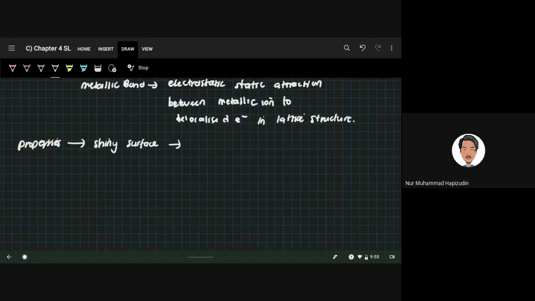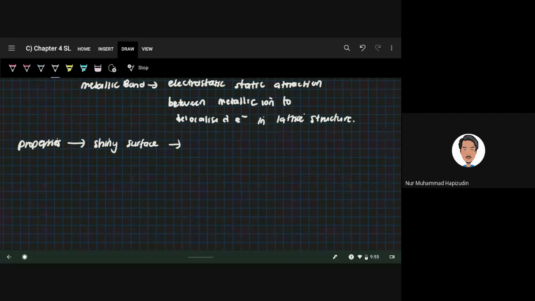Come from the delocalized electron. Delocalized electron ni dia pantulkan balik cahaya. Okay, saya lupa apa ayat dia. Macam mana cakap? Reflect light. Yes, it reflect the light.